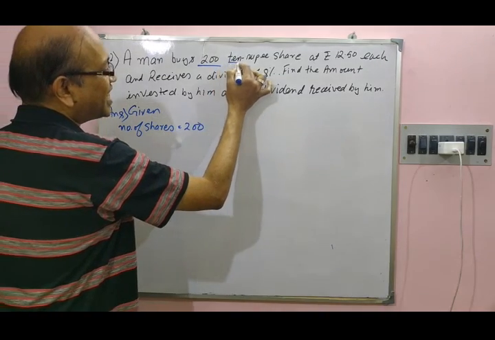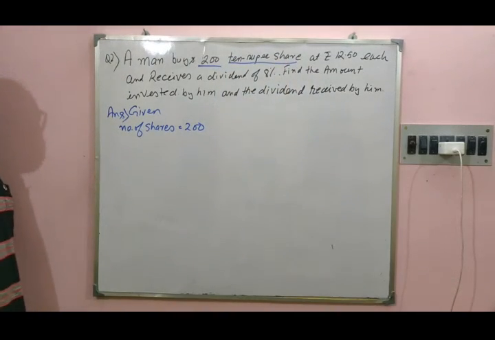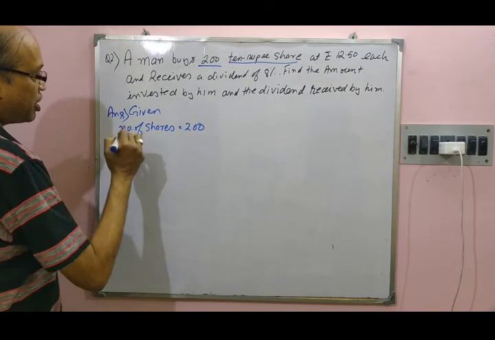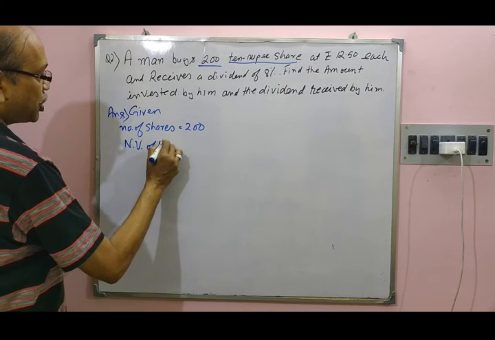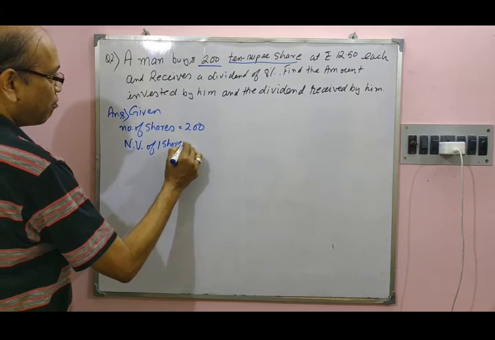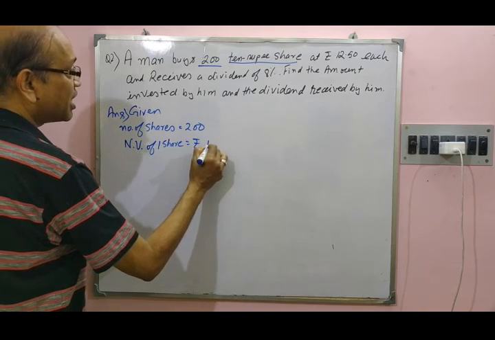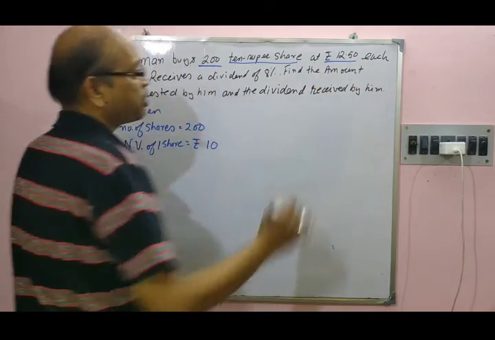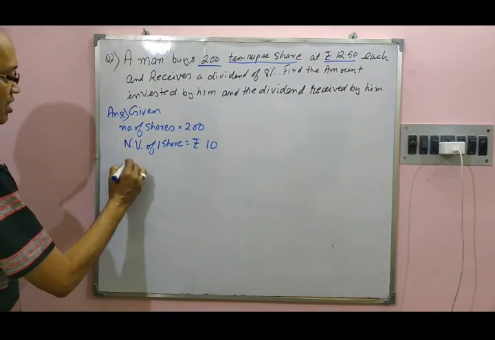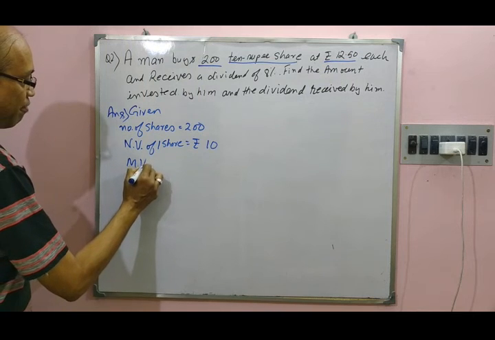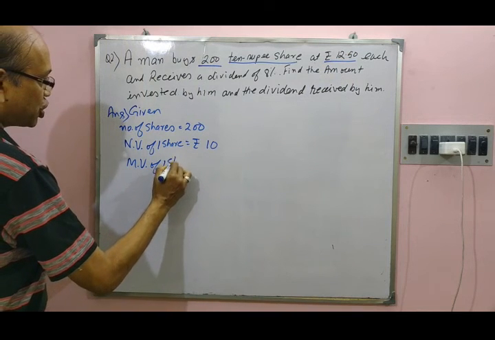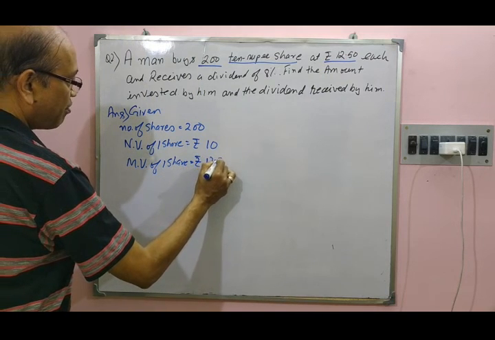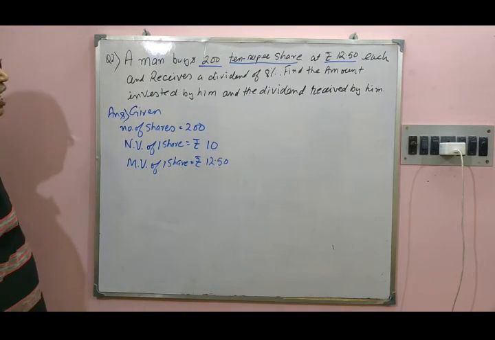What is this 10 rupee share? What do you mean by this 10 rupee share? That means the nominal value, fixed value of one share, is rupees 10. Then what is this 12 rupees 50 paise? This is the market value of one share, that is rupees 12.50.